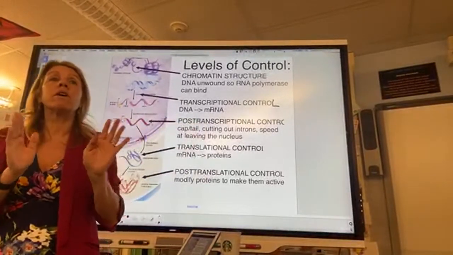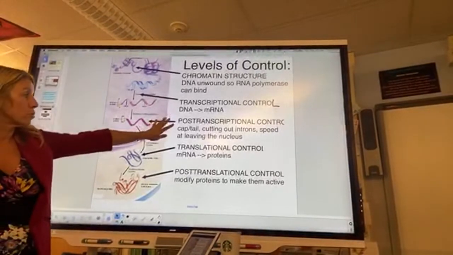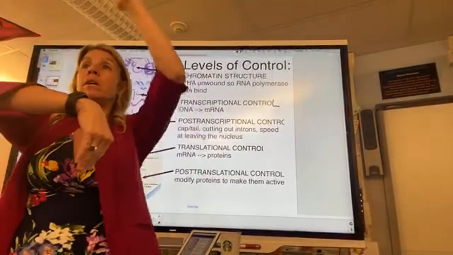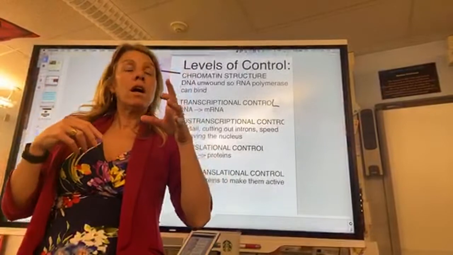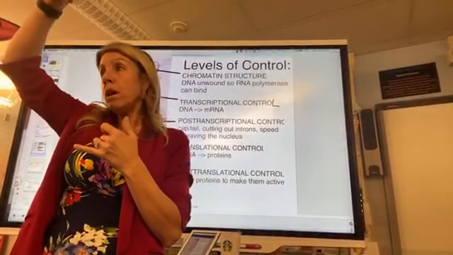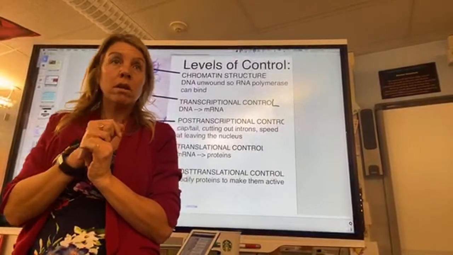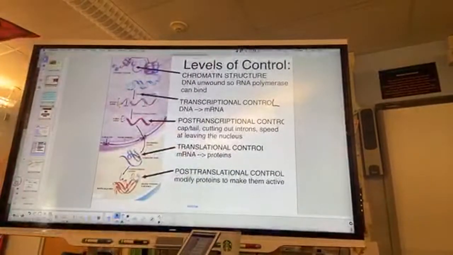So different genes are expressed. So that's post-transcriptional control. Translational control is anything to do with mRNA being on the ribosome, and anything interfering with the tRNA anticodons being complementary with the mRNA codons. Post-translational control is that folding we talked about that happens afterwards. Chaperone proteins fold that protein up.